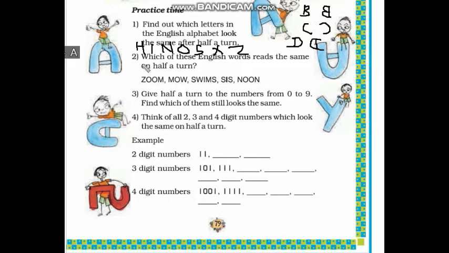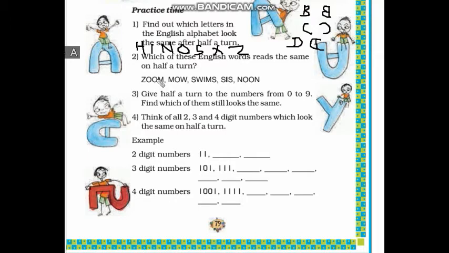And now question number 2, which of these English words read the same on half a turn? So here ZOOM, M will become W, O will remain same, and Z will also remain same, but M will become W, so it will be read as WOOZ.